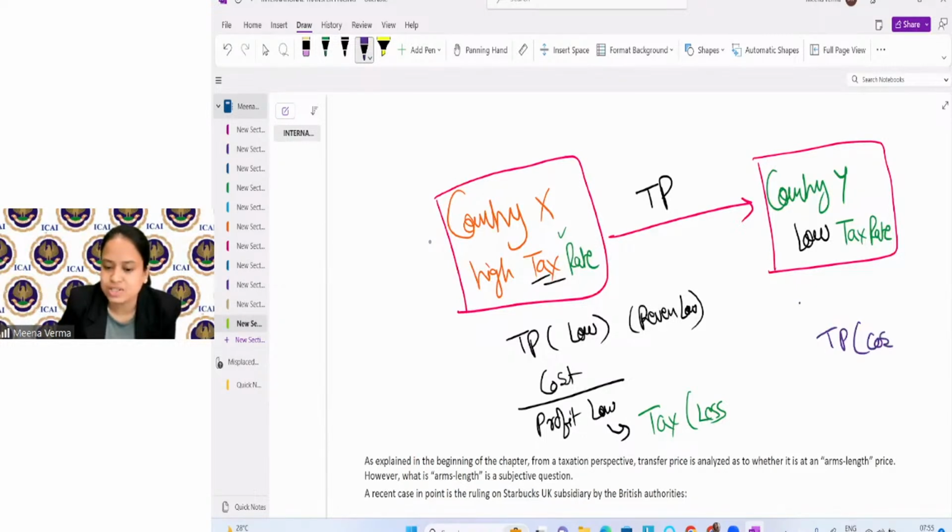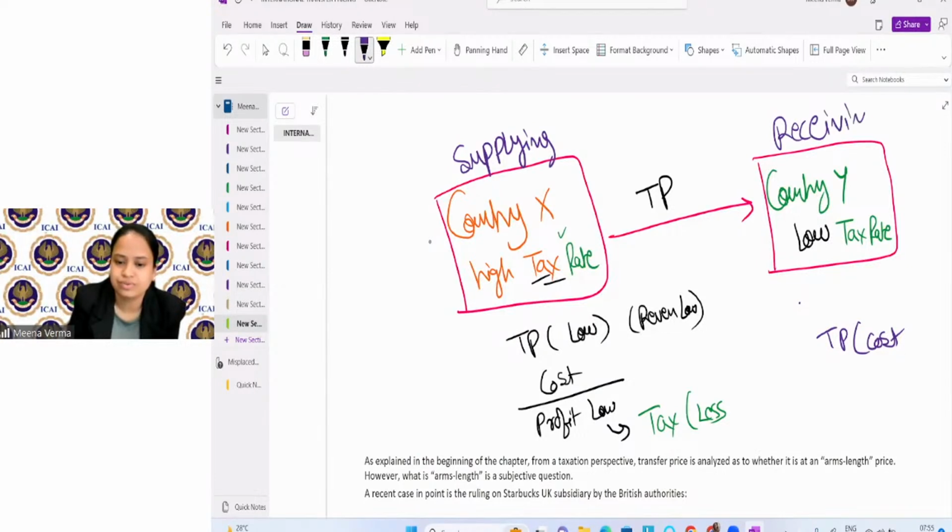Transfer price is a cost, right? Because this is the supplying division, and this is the receiving division. So the transfer price will be cost here. And the final sale they have.